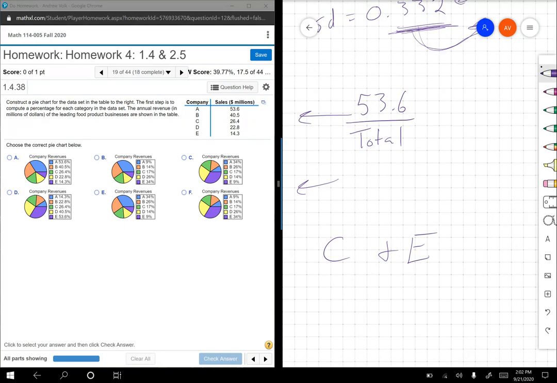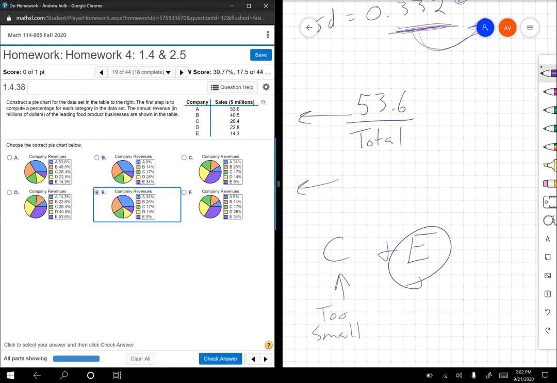I'm sorry if you're colorblind. This should be a really frustrating one if you're colorblind. If you see which one it's supposed to be, the C, the slice is too small. It's only like a little one. So we're going to pick E because it's a better percentage, okay? When we match up the chart with its numbers.